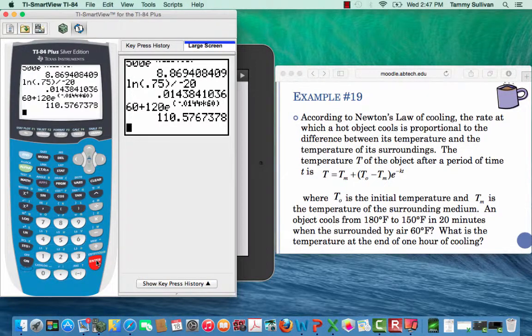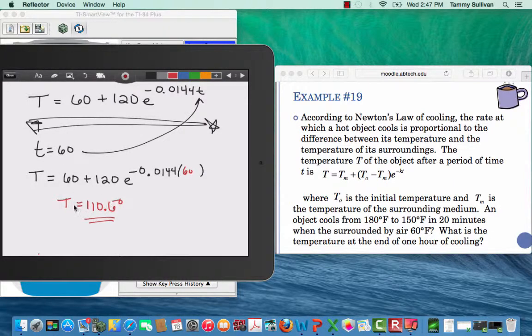So in an hour, my temperature is going to be about 110.6 degrees. So that's example number 19 from your textbook when you go through and solve that.